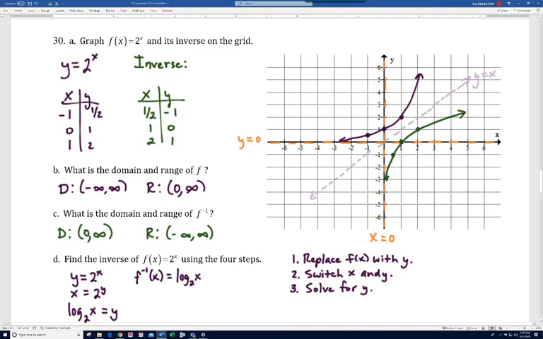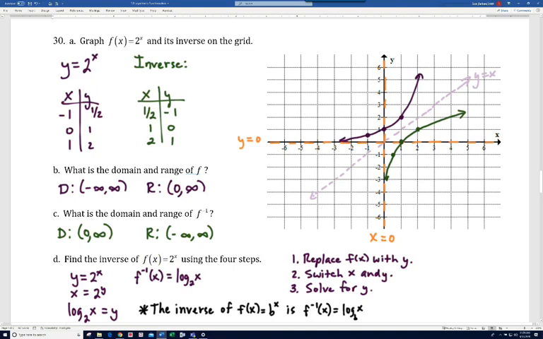So I want to make a comment here. The inverse of f of x equals b to the x, or any basic exponential function, is going to be log base b of x. So exponential functions and logarithmic functions are inverses of one another.